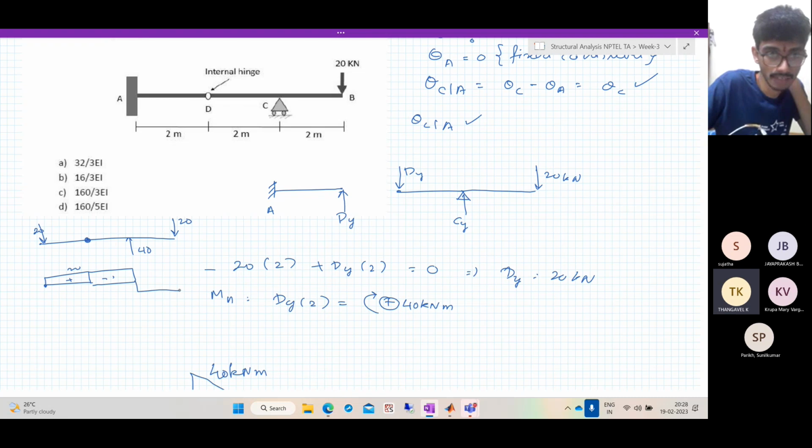And then here it is negative 20. So 40 acts here. Looks like it is.